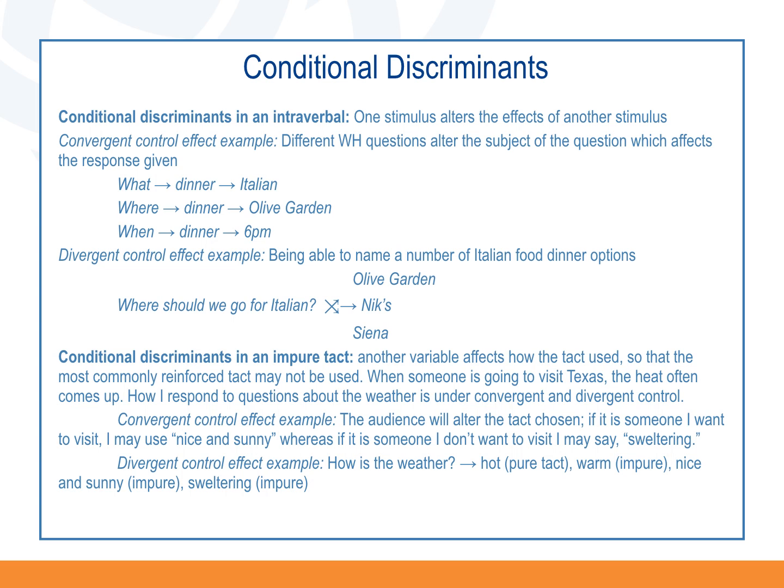So if it's someone that I want to visit, here's your convergent, I may say, oh, it's nice and sunny here in the summer, even when it's super hot. Whereas if I don't want that person to visit, I might say it's sweltering, because they both have different connotations. Divergent control, so how's the weather? Here's where you get multiple responses. I could say hot, I could say warm, I could say nice and sunny, I could say sweltering.